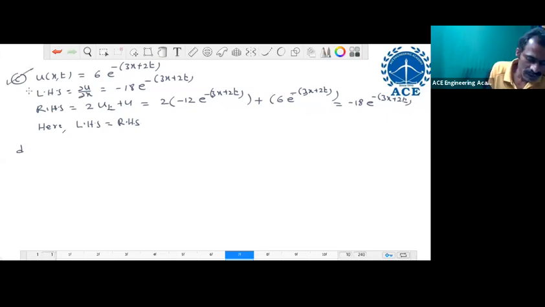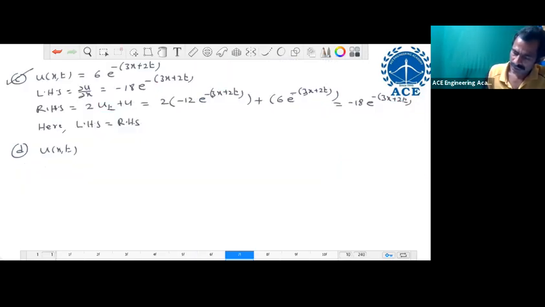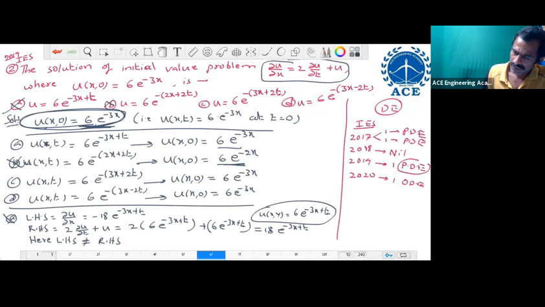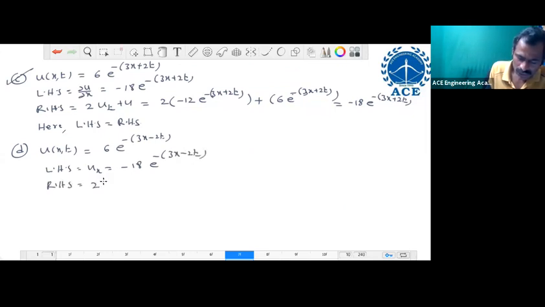But here we verify the other option also. Option D, u of x comma t equals 6 into e power minus of 3x minus 2t. LHS equals u x, with respect to x is minus 18 e power minus 3x minus 2t. RHS equals 2 u t plus u.